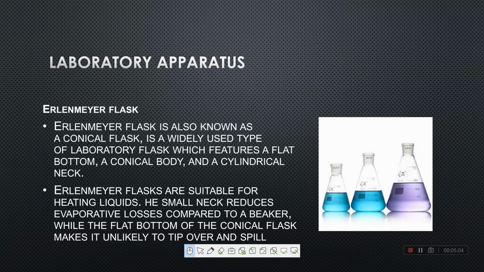Thus, the rate of evaporation is high in the beaker but less in the conical flask. Alright, because of the shape of the conical flask, it is unlikely to tip over and spill the solution. So this is the advantage of the conical flask.